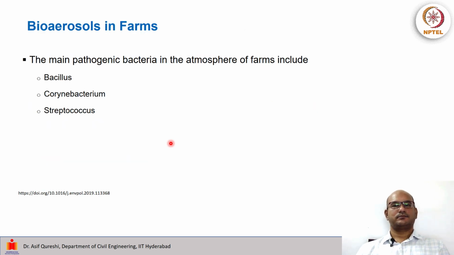As case studies or information, bioaerosols have been detected in settings such as farms, and the main pathogenic bacteria in the atmosphere of farms, so these could be animal farms, were found to be Bacillus, Corynebacterium and Streptococcus.